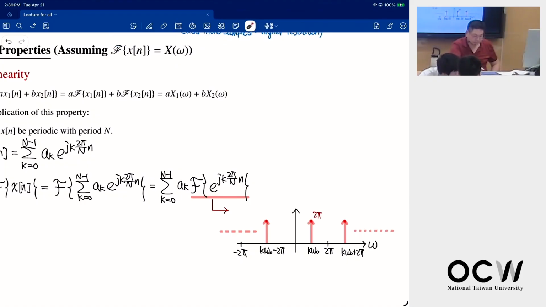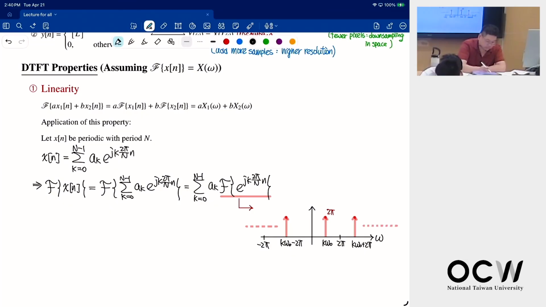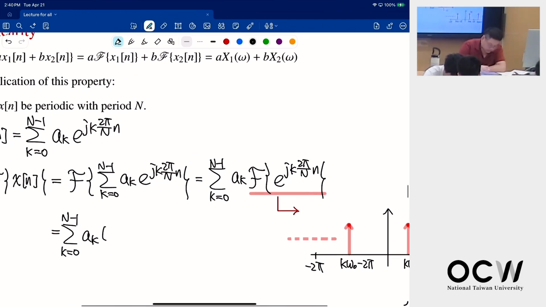Now you just multiply by a_k: a naught, a1, a2, a3, a4. Then you get the summation over k from 0 to N minus 1 of a_k times 2 pi.